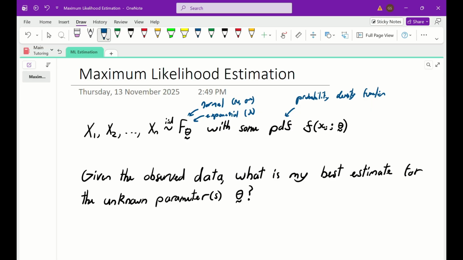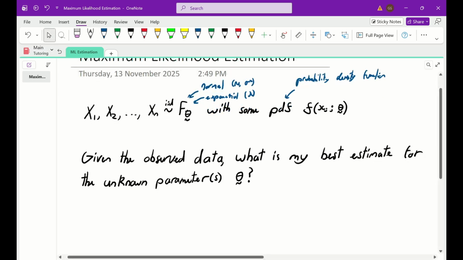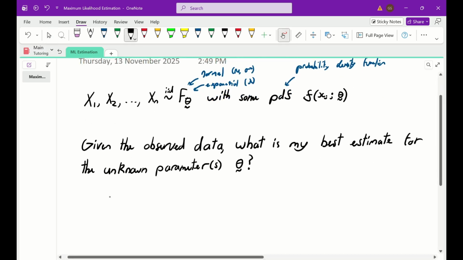And it does this using what is known as the likelihood function. Right, so I'm just going to define some terms here. We've got this idea of the likelihood function.